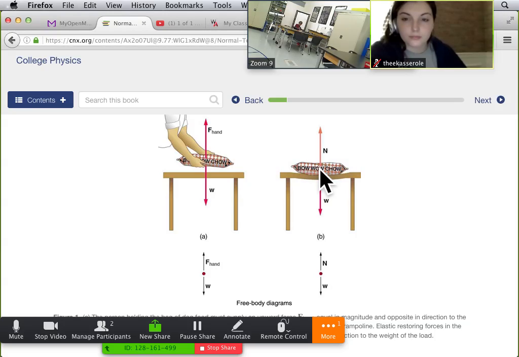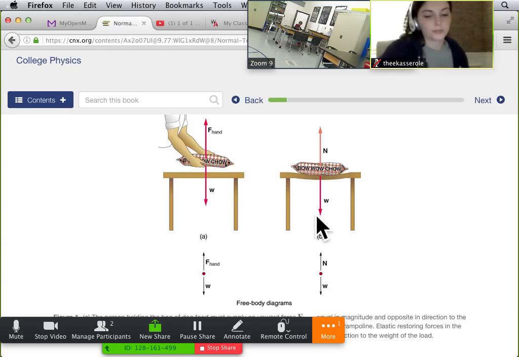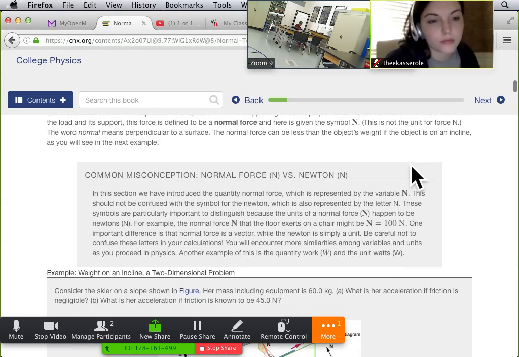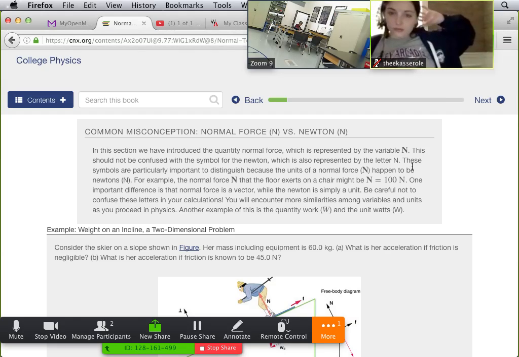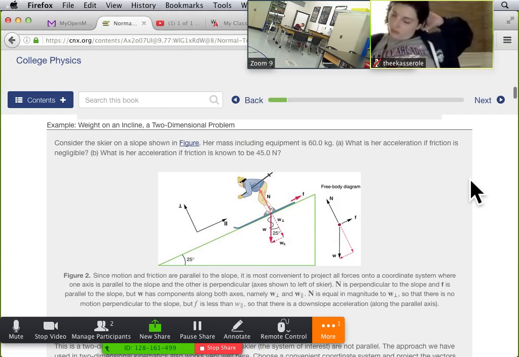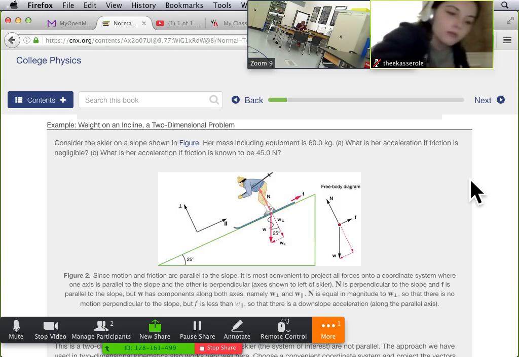The weight force that the bag is feeling is the gravitational force from the earth, but the table actually feels that downward force of weight and pushes back with the normal force. That's the better way to say it. But it can be confusing, so don't get too frustrated if that confuses you from time to time. It will. It just is that way.